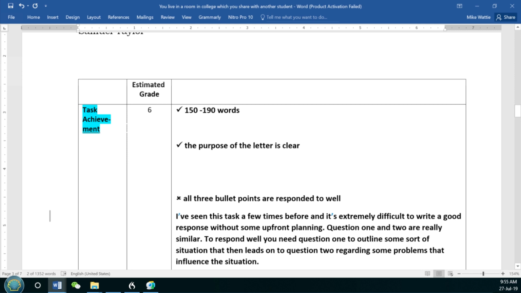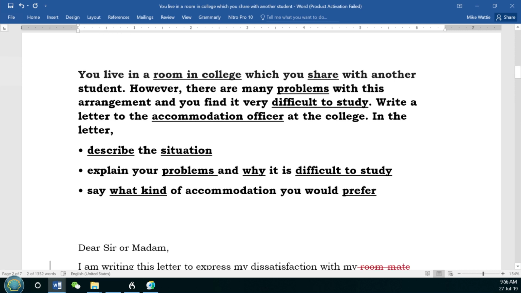On to the scoring, 6 for task achievement. It's really that issue about the... I'm not really satisfied about the answer to this. I have to look very carefully to find this.